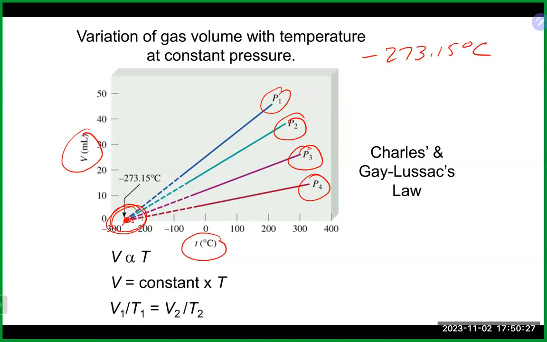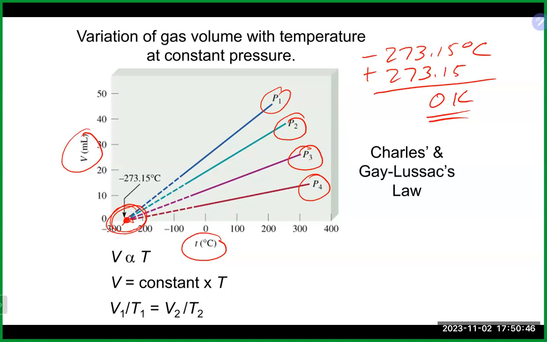And that number should look familiar to you. That is the number basically we use to convert to Kelvin, right? So that is what we convert to Kelvin. And he recognized the relationship of this. And if you add 273.15, you get 0 Kelvin, which is sometimes referred to as absolute zero.